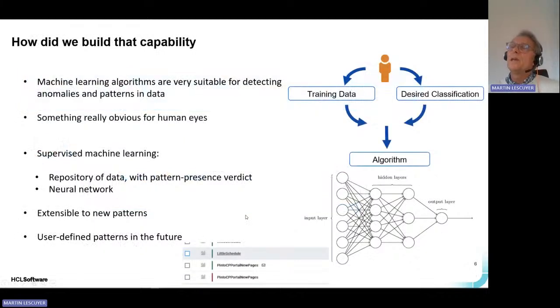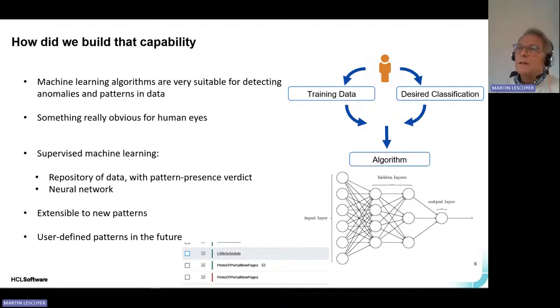So how did we build these capabilities? Basically, we are trying to achieve the same visualization that the human eye is doing when you see two metrics that are correlated together. And so we use machine learning algorithms because they are very suitable for mimicking what the human brain and the human eyes do.